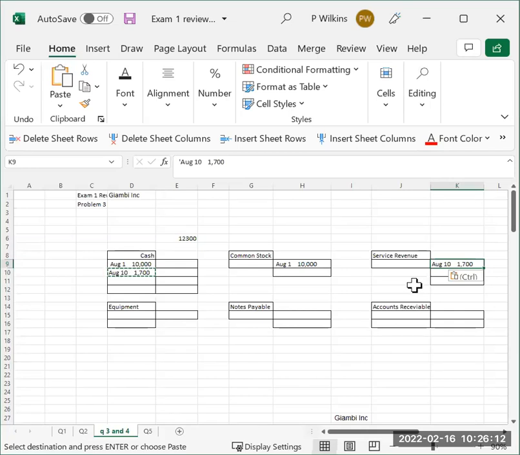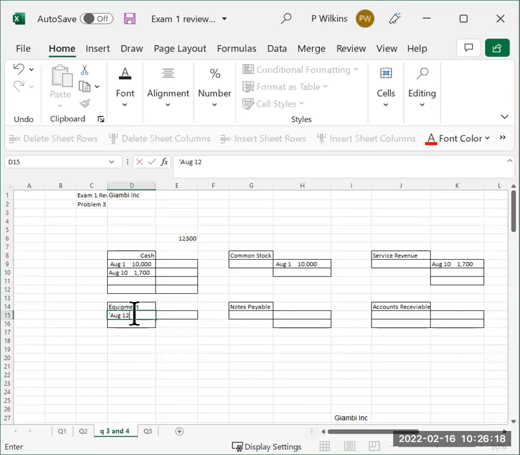I then go down to the next items. We have equipment, debit, $8,200 on the 12th. So I would go August 12th, and I would debit equipment $8,200. And then I see a credit to cash for $1,200. So I would go August 12th, and I would credit cash $1,200.